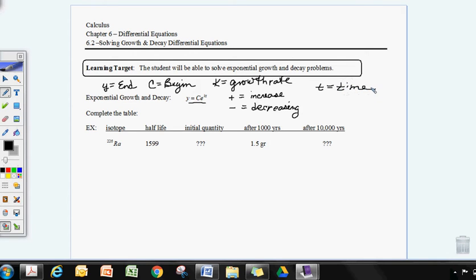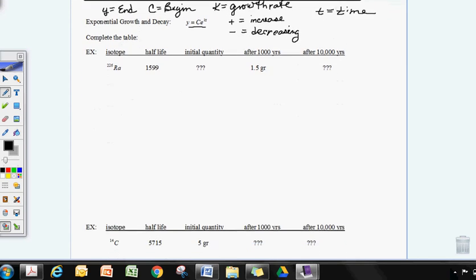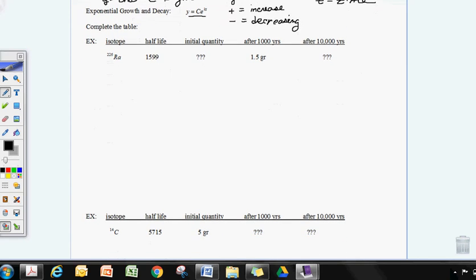Okay, so you're going to be given a bunch of problems in different formats. The first format is to complete a table. The first piece of information here is just the name of whatever we're looking for. The name, even though it has numbers in it, we don't use. The second piece of information, which I'm going to highlight in red, is the half-life.